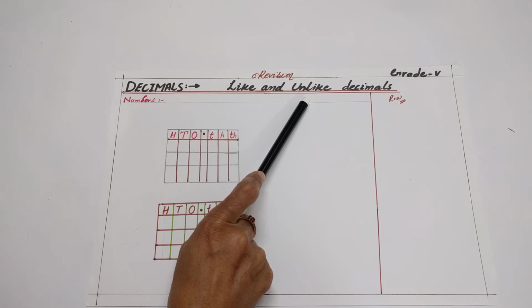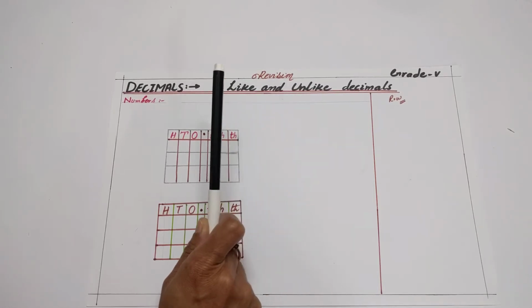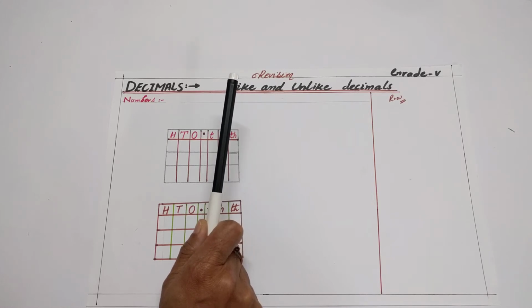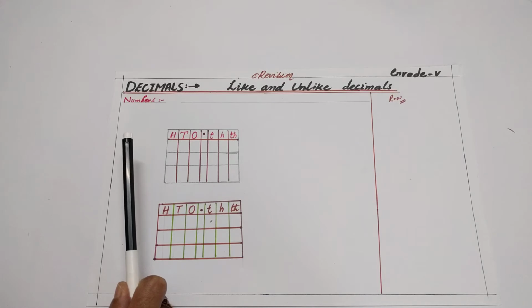I already told you about decimal places: the number of digits after the decimal point are called the decimal places. So if the decimal places of the given decimal numbers are the same, then those numbers are called like decimals, and if the decimal places are different, then those numbers are called unlike decimals.